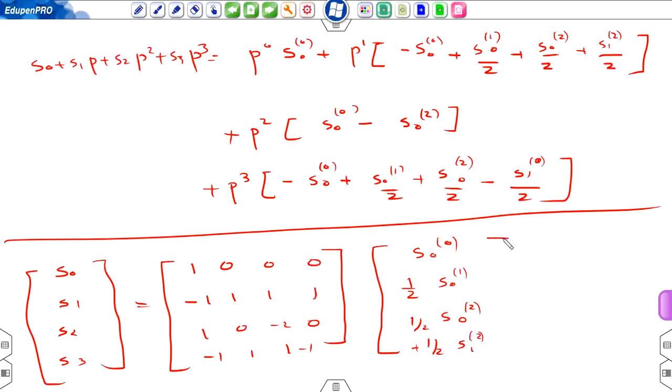So again I am leaving this as an exercise for you because I have already demonstrated multiple times how to break it in this form.